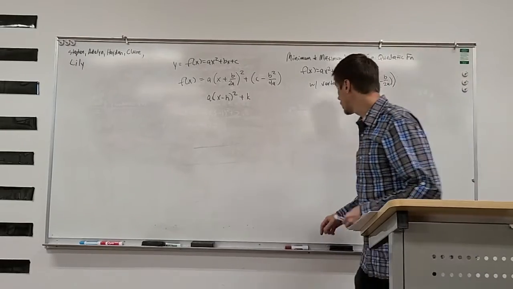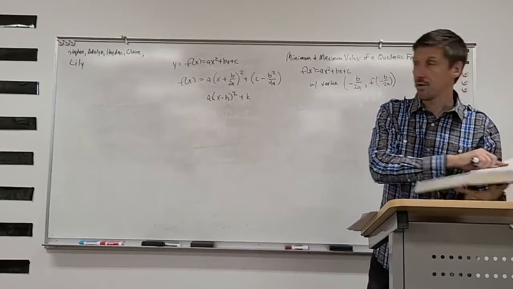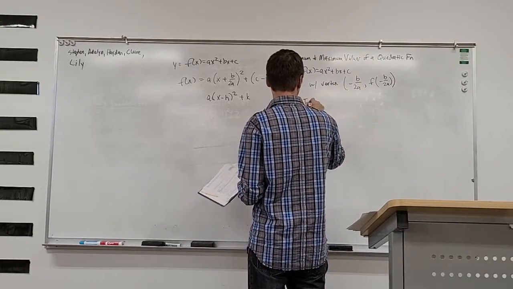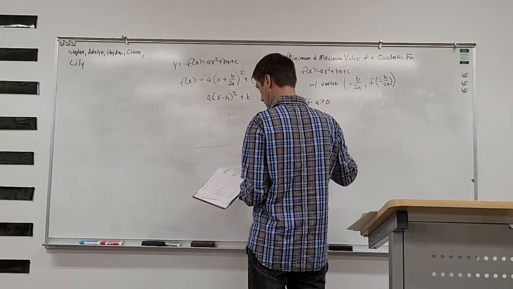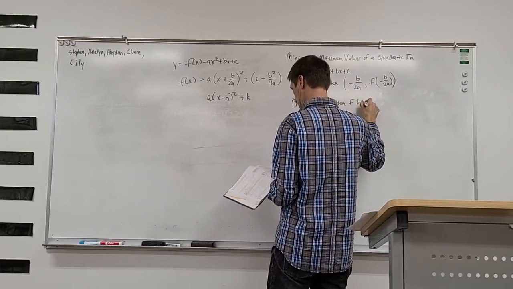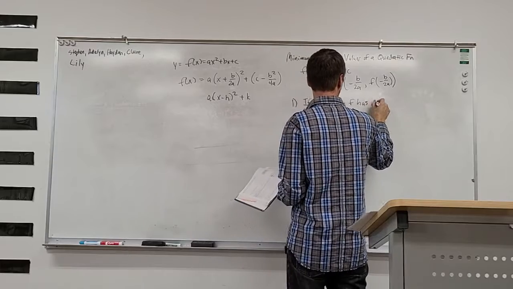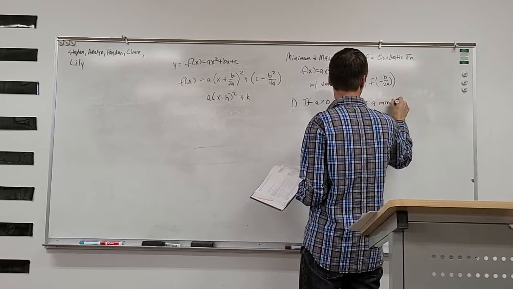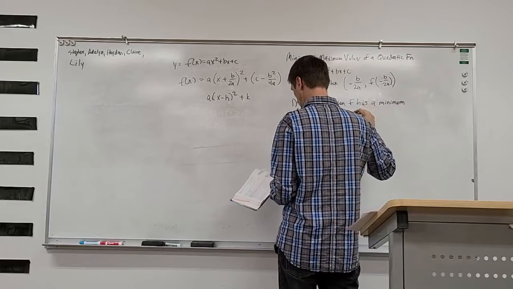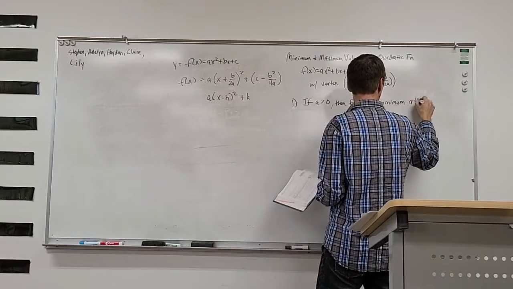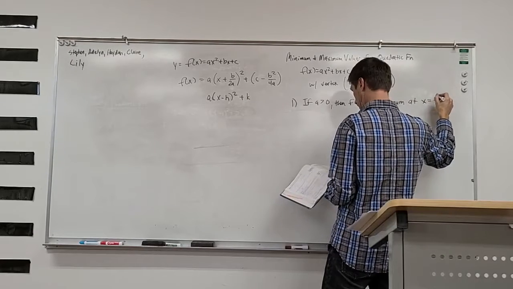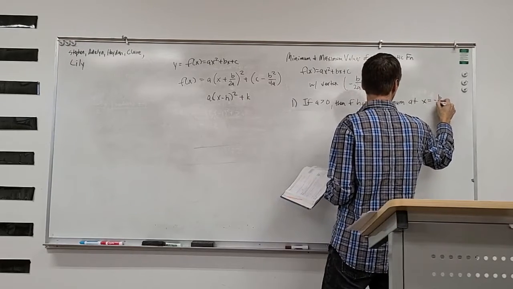And so this is what it's saying. These are our rules. If a is greater than 0, then f has a minimum at x equals negative b over 2a.